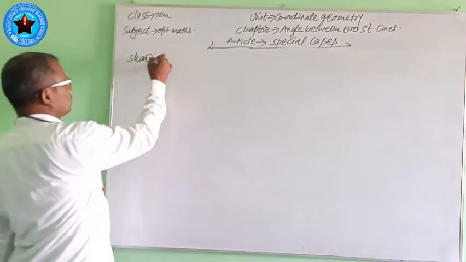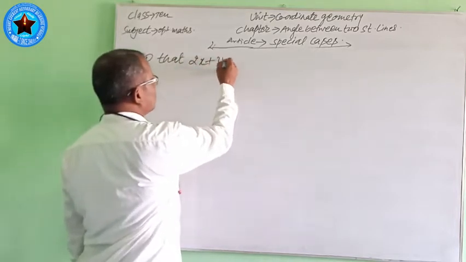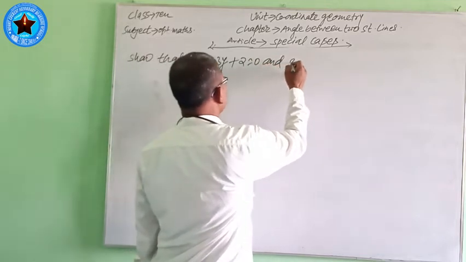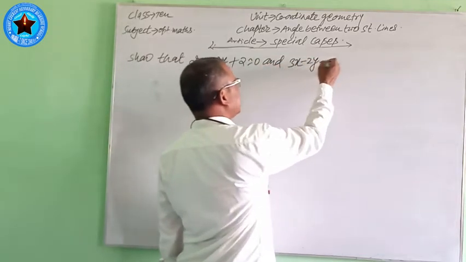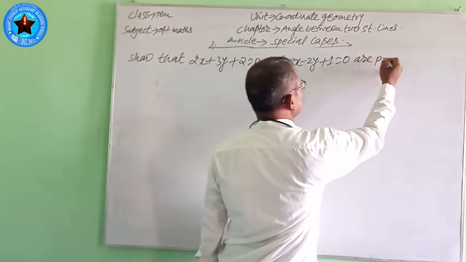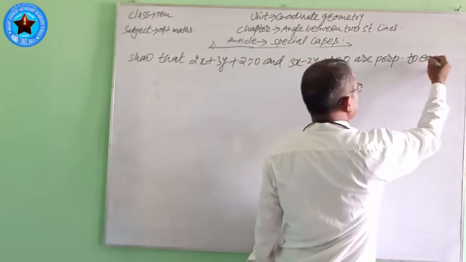So that 2x plus 3y plus 2 equals 0 and 3x minus 2y plus 1 equals 0 are perpendicular to each other.